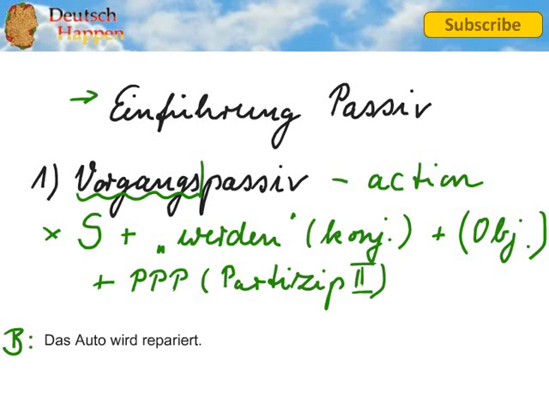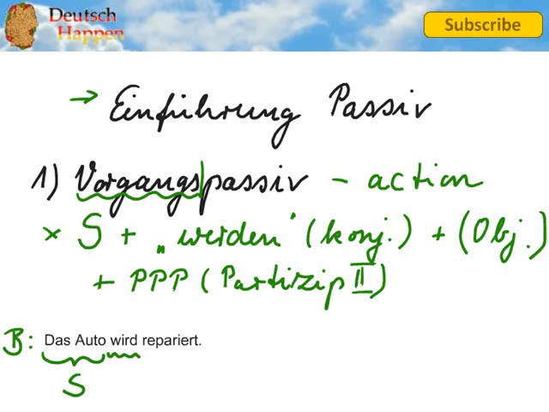Now let's break this down a little bit in the parts I have just explained. So we would start with our subject, and our subject in this passive sentence is das Auto. So neutral, therefore you have the article das, and Auto is our subject. So then the famous werden conjugated in the present tense here is the wird part.